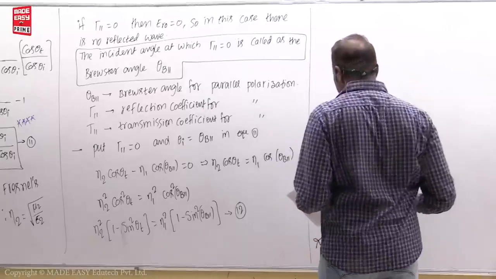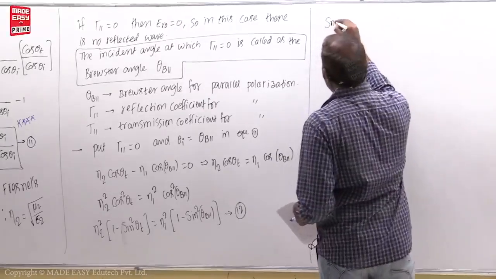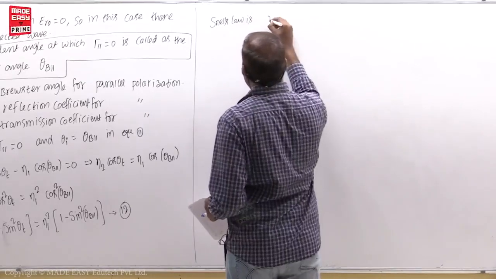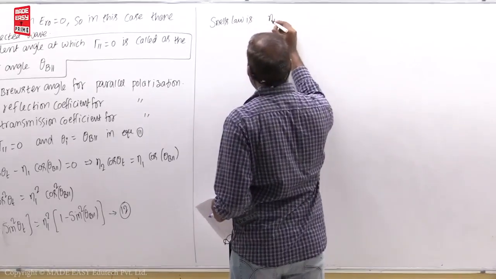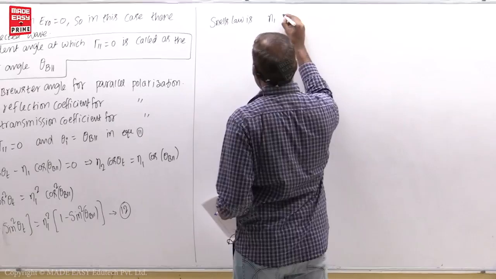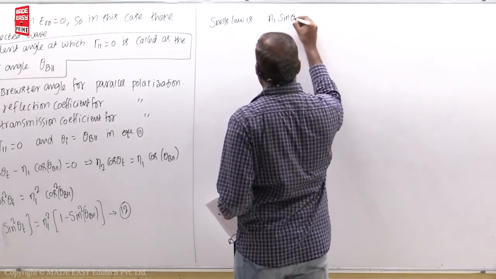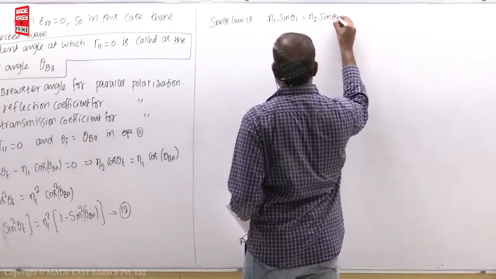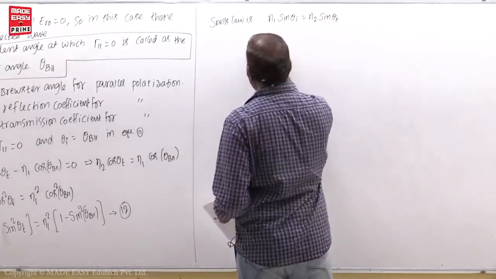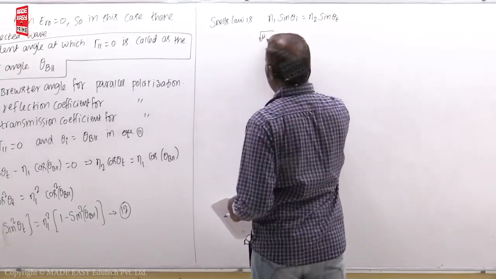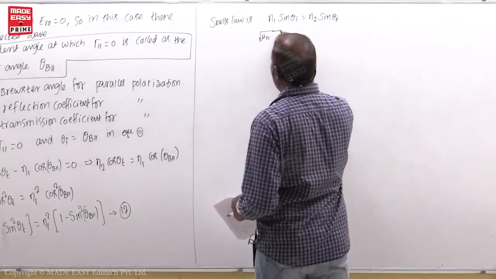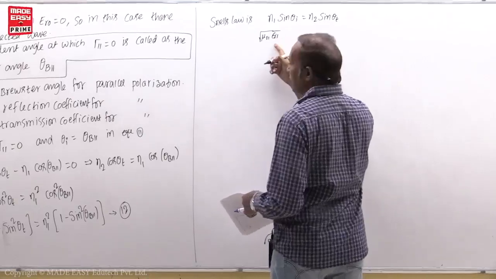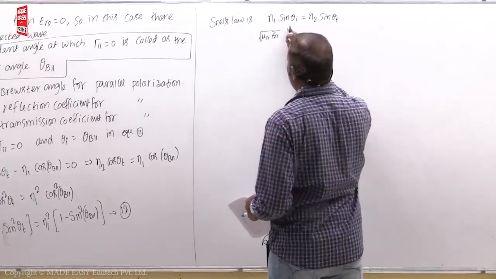So what is Snell's law? Snell's law is N1, not eta 1 student, this is N1 sin theta I is equal to N2 sin theta t. Now N1 is root mu r1 epsilon r1. Already I have written this somewhere. If you have any doubt, you see there.